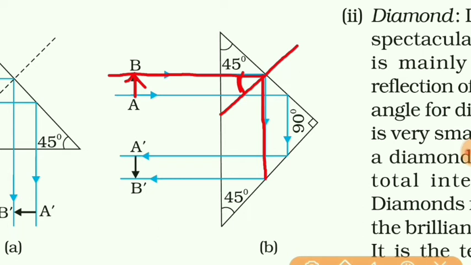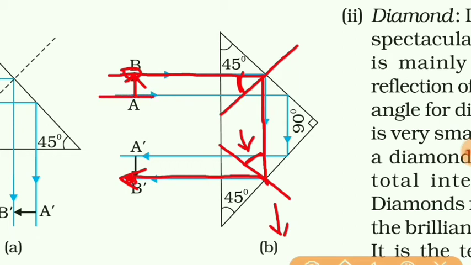Once again it strikes here, but this is the normal. Once again the angle made with the normal is greater than the critical angle, so it will not emerge out in this direction. It will be reflected and then it will move here. So the image of this point B will be formed here.